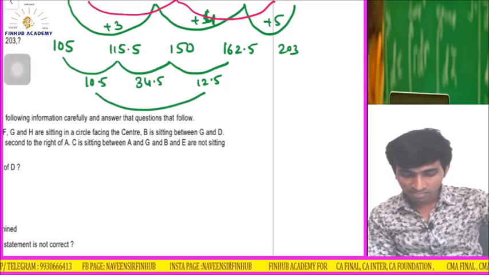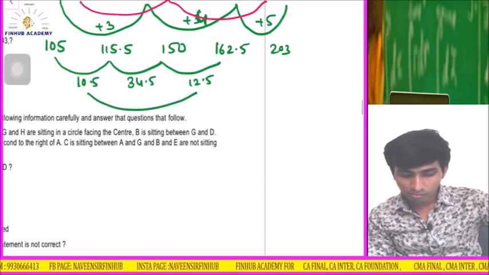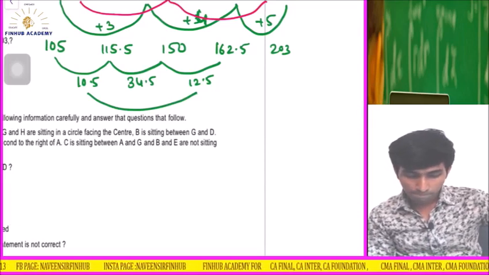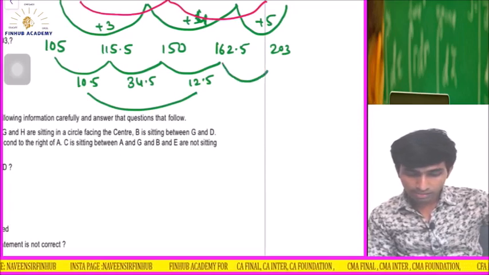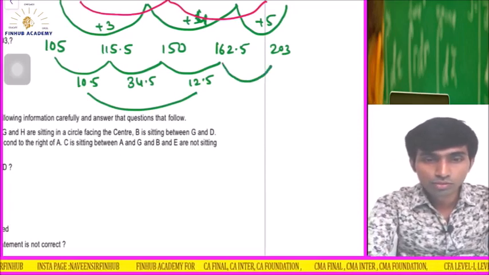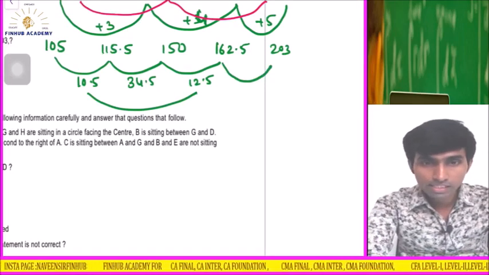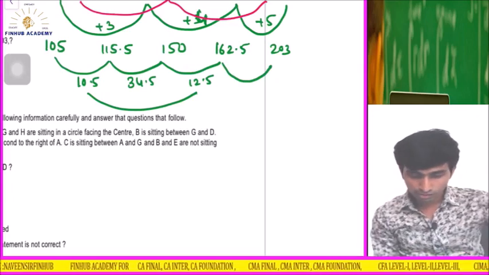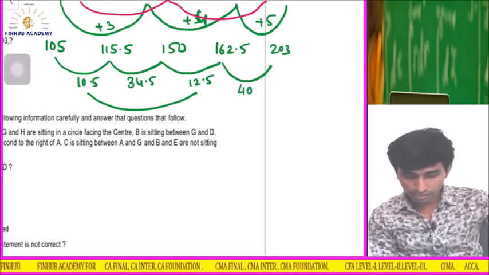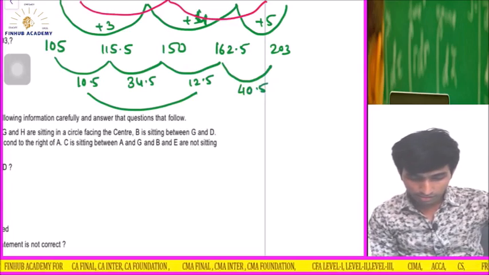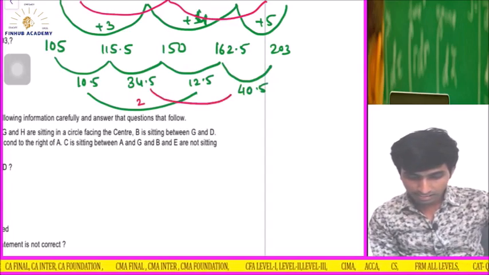So for the next number, here to here, check how much is the difference. 203 minus 162.5 is 40.5. So here the difference is 2, but here the difference is 6, I think.